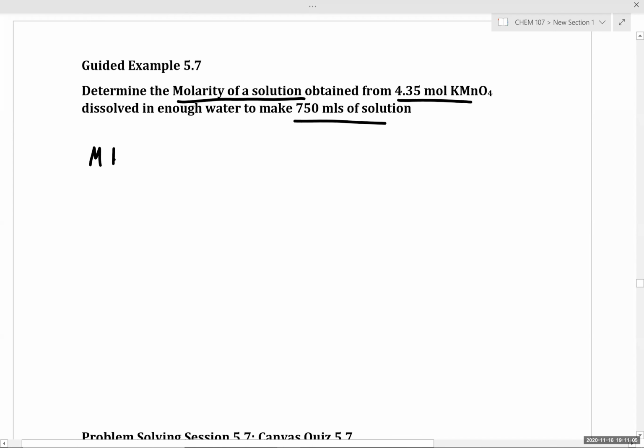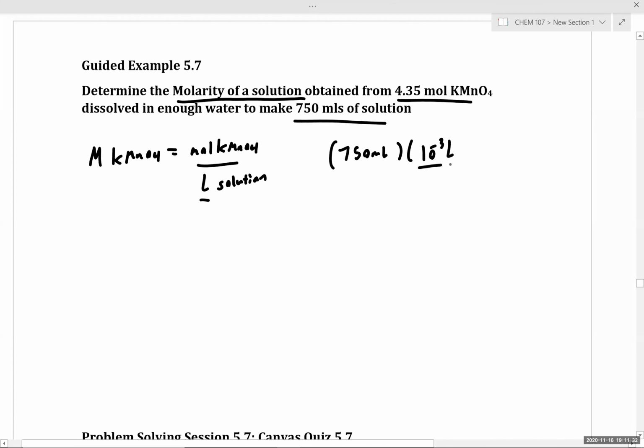So the molarity of potassium permanganate is defined as the moles of potassium permanganate over the total volume in liters of the solution. If we have 750 milliliters, we're going to need to convert this to liters. And we know there are 10 to the negative third liters in 1 milliliter.